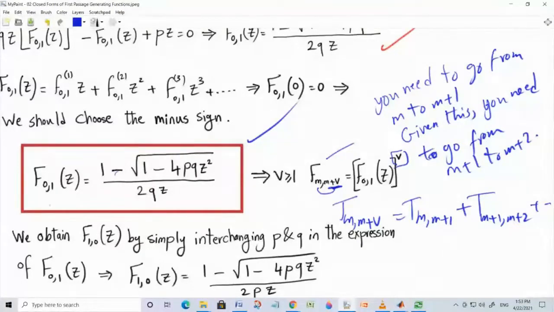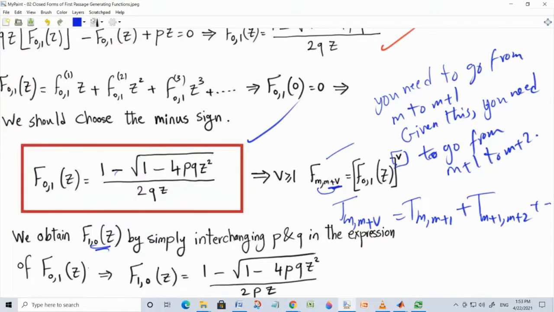Now, what about f01 or f10? Rather than reinventing the wheel, you can make the following argument. What is really the difference between going from 0 to 1 and going from 1 to 0?